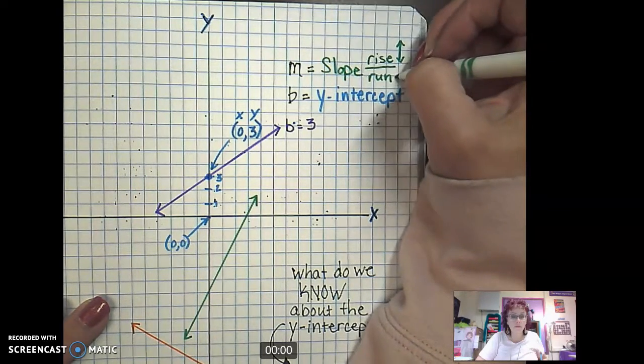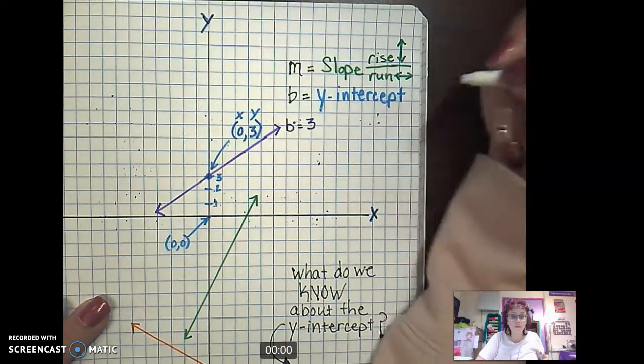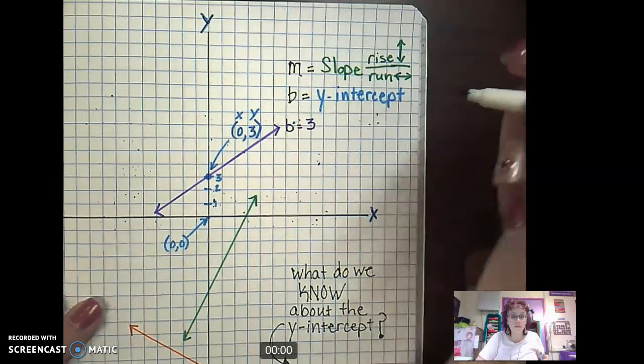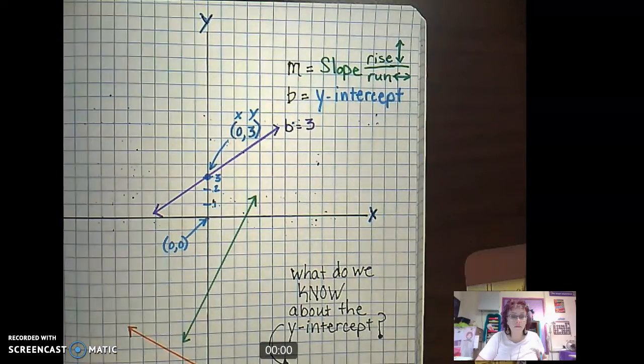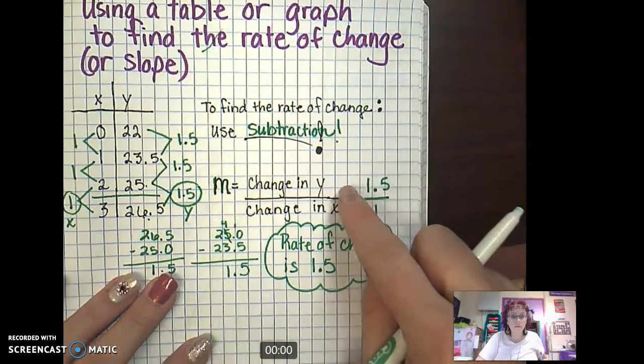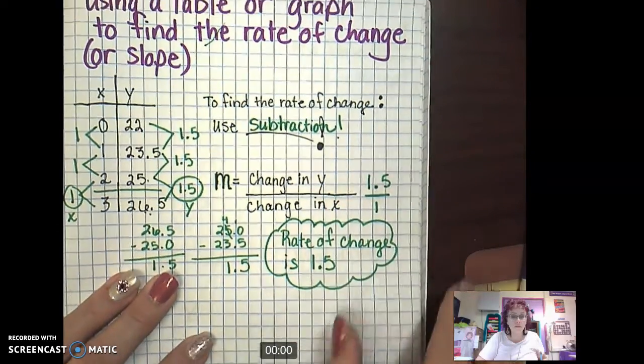And the run is the horizontal change, just like the x-axis, and that's why we put our x values on the bottom, just like this. Remember back here, we said we put the change in the y values on top and the x values on the bottom.